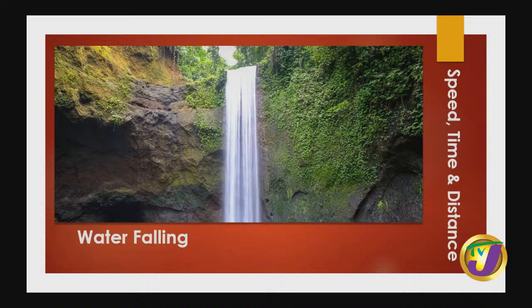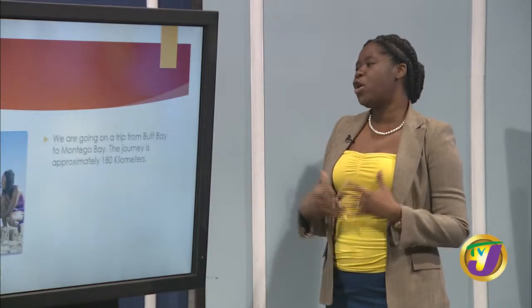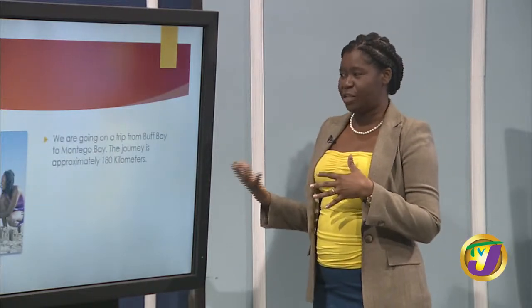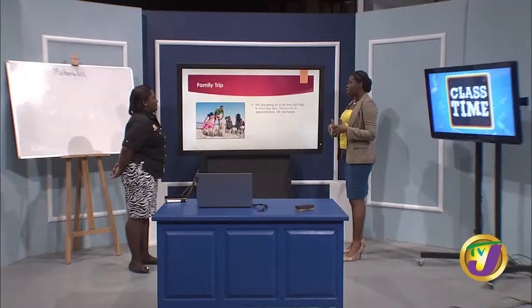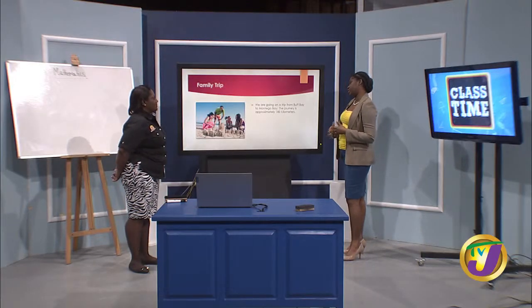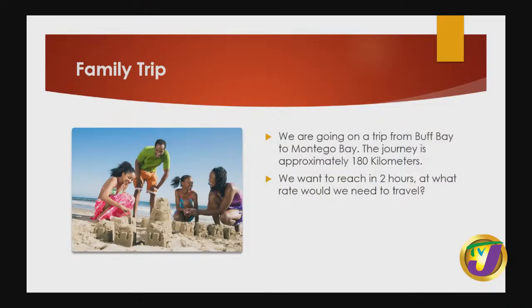Seeing that speed, time, and distance are in everything that we do, think about a family trip. Now, we're going on a trip from Buff Bay to Montego Bay, and the journey is approximately 180 kilometers. We want to reach in 2 hours.